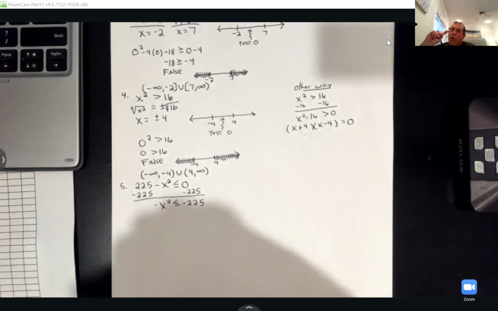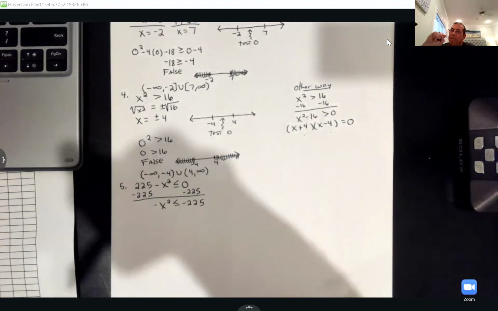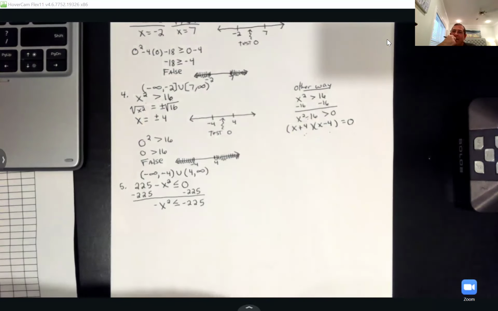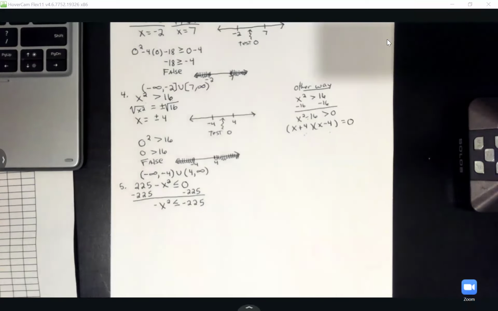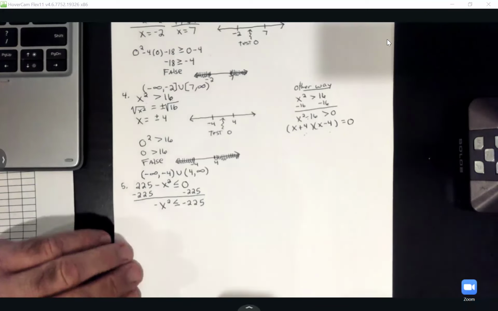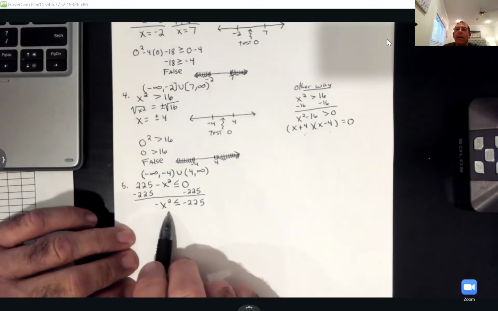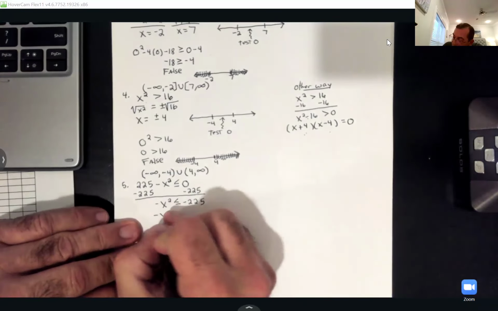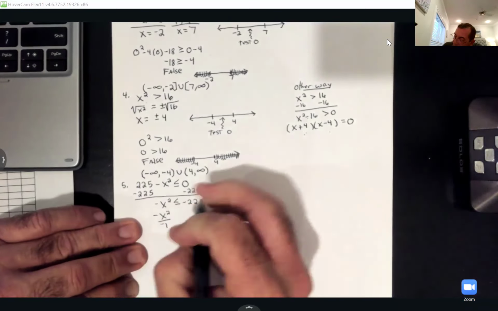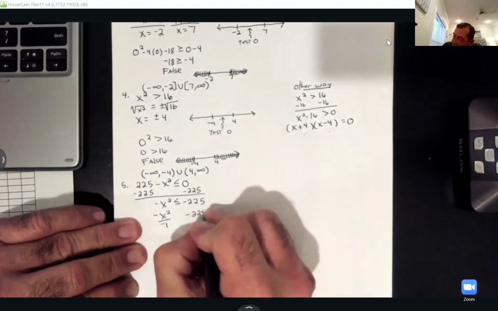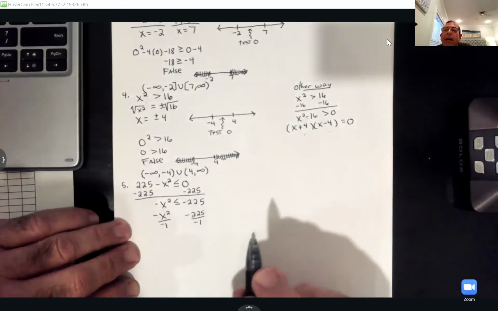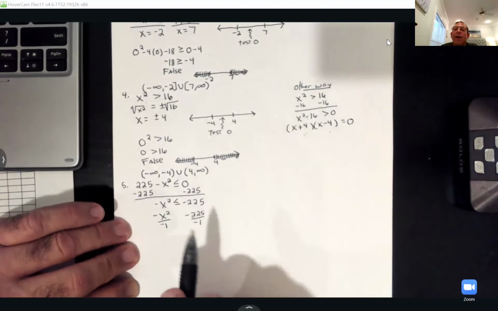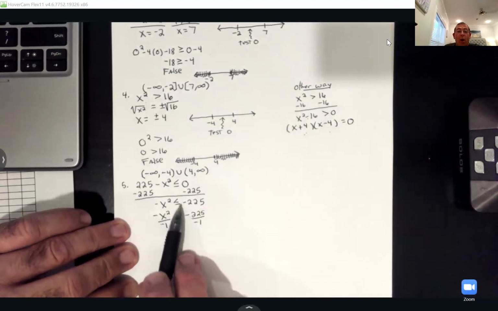Because I'd probably do one more thing before I square root that. Do you have to change the sign since you moved it over? Uh-huh. And then I'm dividing by negative, so we're dividing by negative. And since I'm dividing by negative, we're going to flip this little inequality around now.